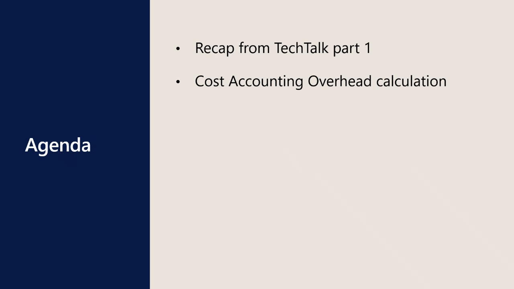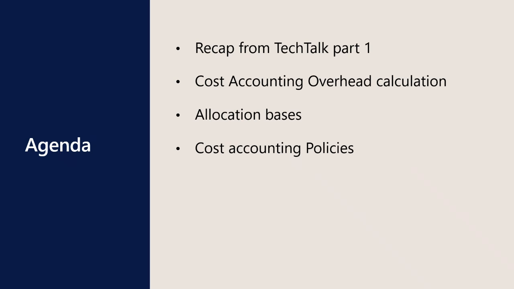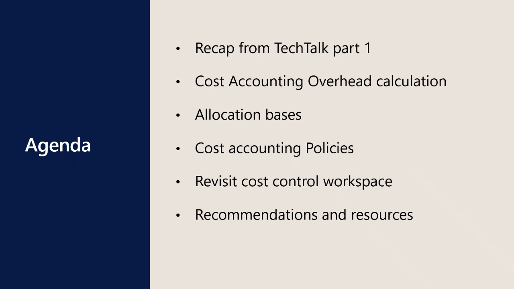Next, we will explain the overhead calculation in cost accounting. After that, we will discuss allocation basis. Then we will move on to the cost accounting policies. We will validate the output in the cost control workspace. We will wrap up the presentation with a summary of recommendations and a list of resources for further learning, followed by a Q&A session.